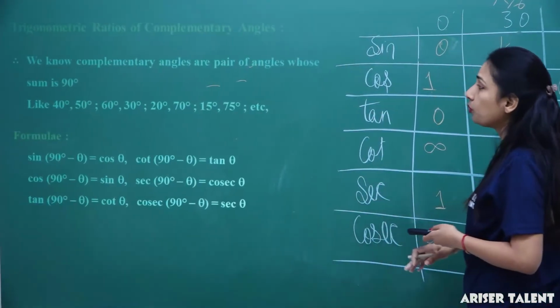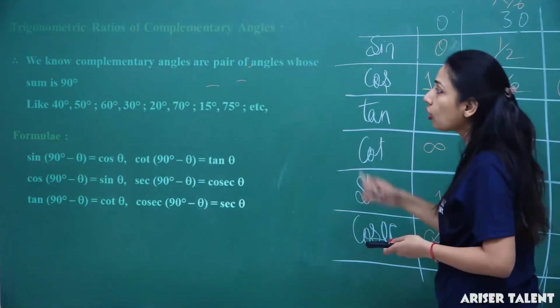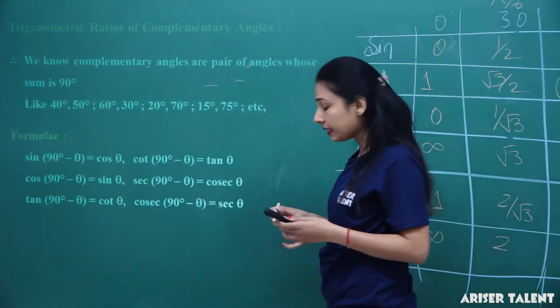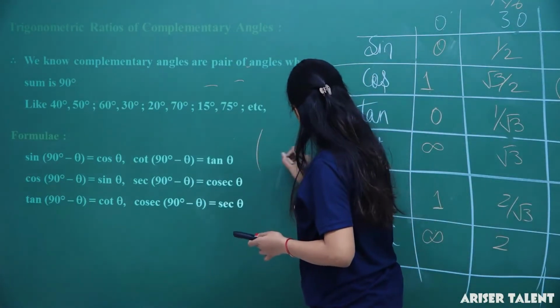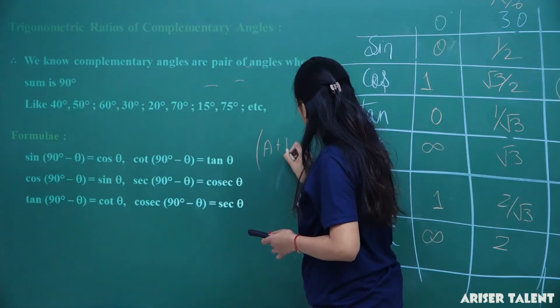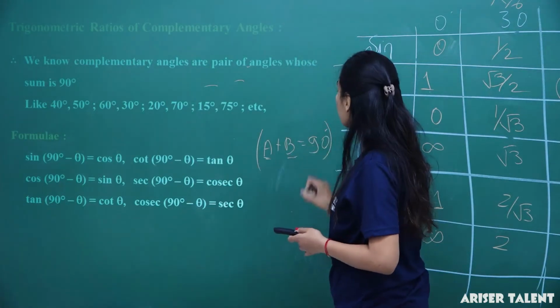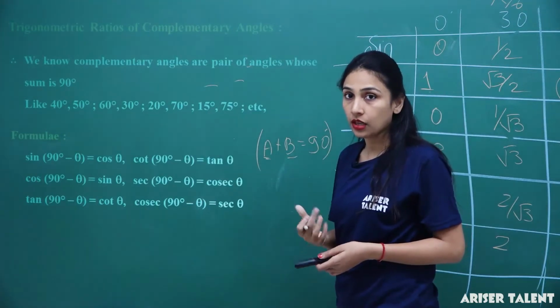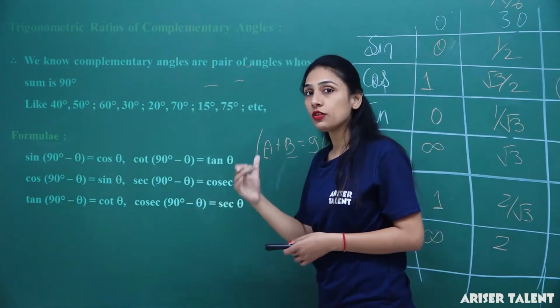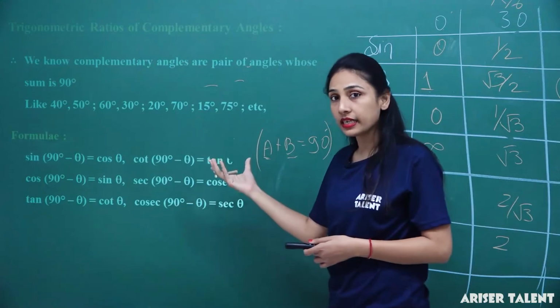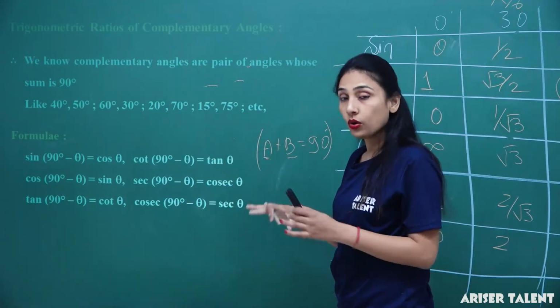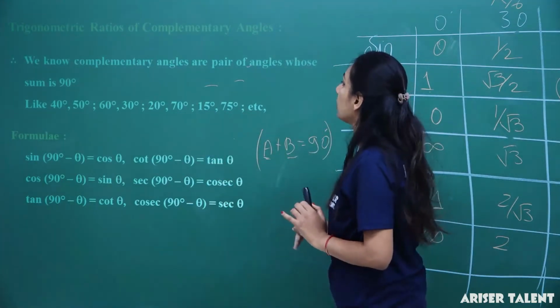Then we solved some formulas and then we talked about complementary angles. What are complementary angles? If the sum of two angles A and B is equal to 90 degree, then these two angles are known as complementary angles. We use identities for complementary angles to solve questions.